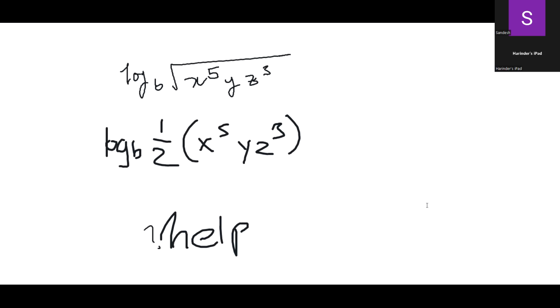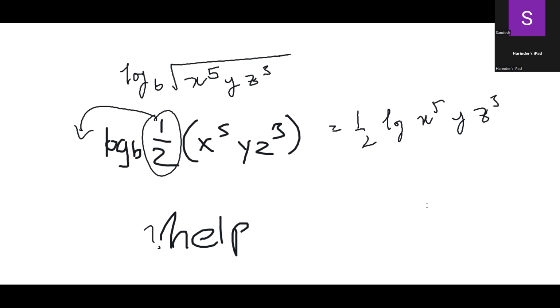Here, this is what you do. This not here, you gotta put it up here. 1 over 2 log x5 y z3, yeah? See, like that? And then what? See, notice how they're all being multiplied. What do you do if they're all being multiplied?